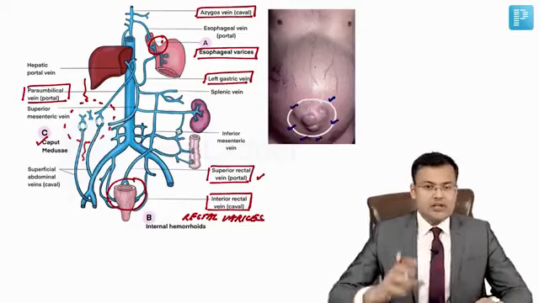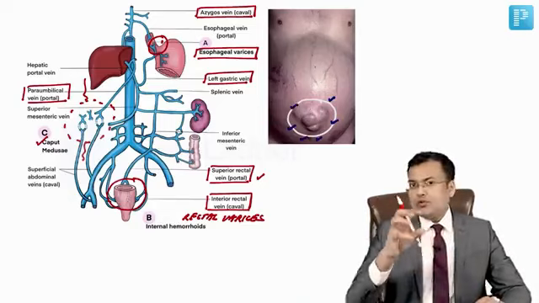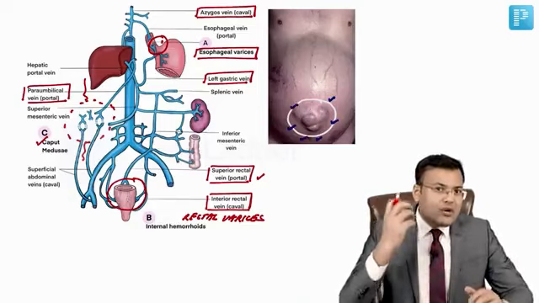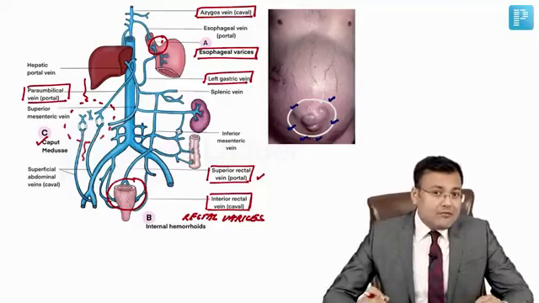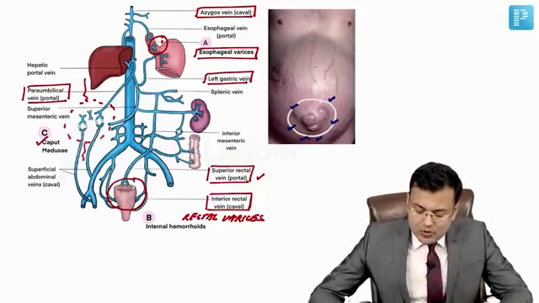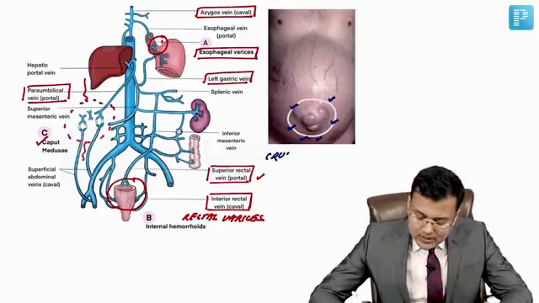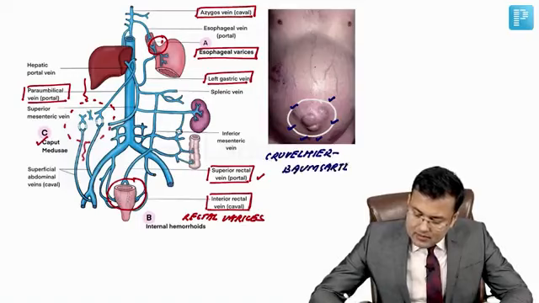This is caput medusae, and if you put your stethoscope over caput medusae, you are going to hear a venous hum, known as the Cruveilhier-Baumgarten murmur. One important point.